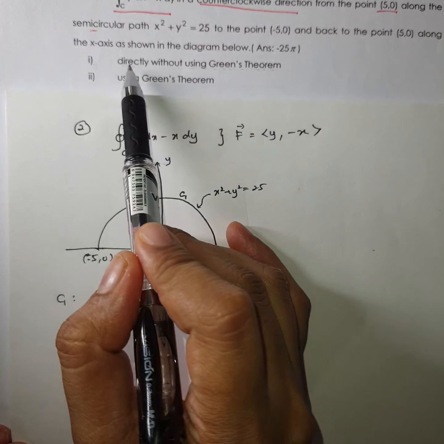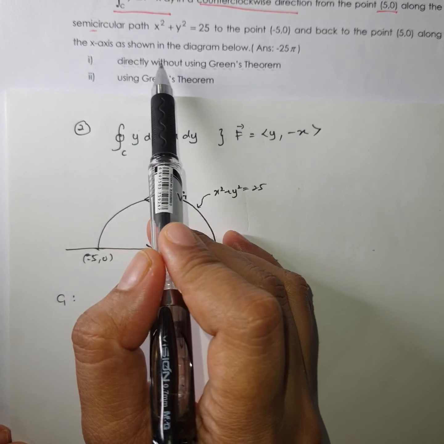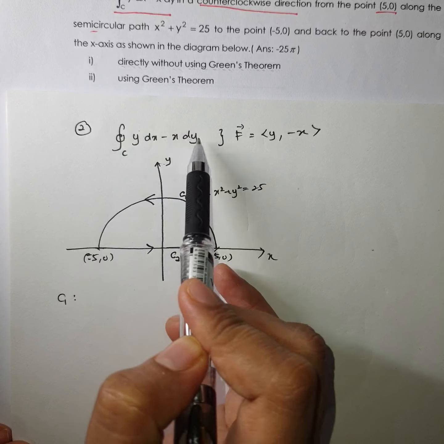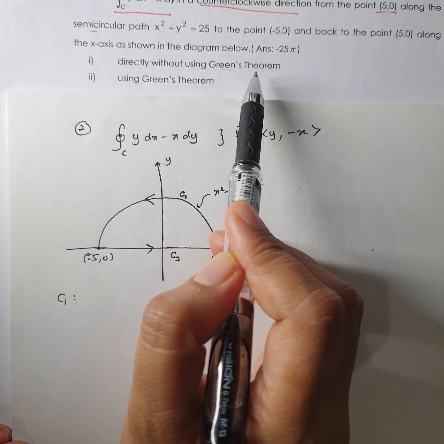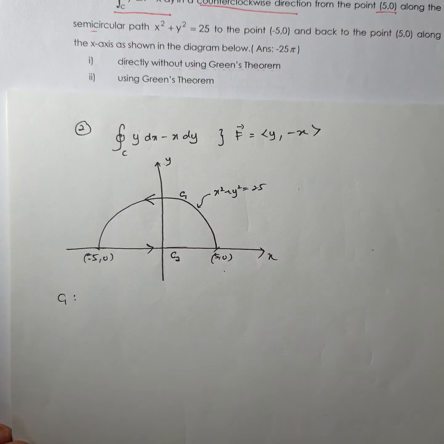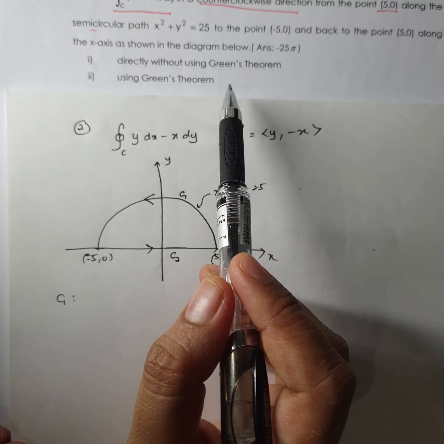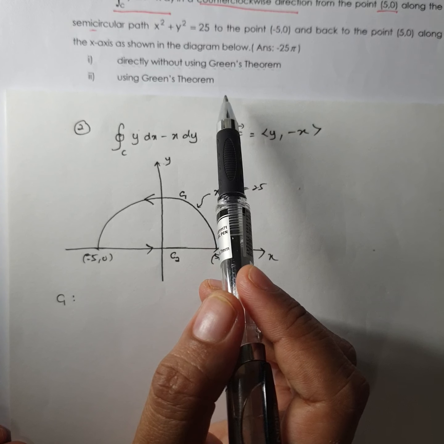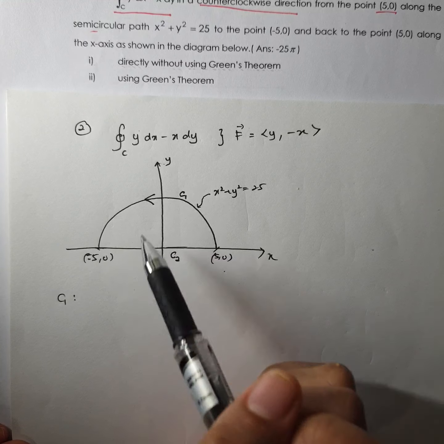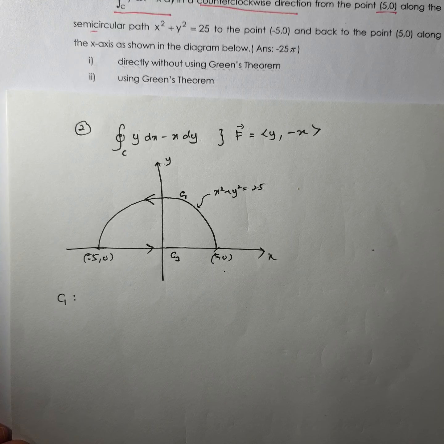Alright, so if you notice the first part of the question, find the line integral or find the work done directly without using Green's theorem. Alright, so it means that you have to use the normal way of finding the line integral, meaning that you find C1 and then you add C2.